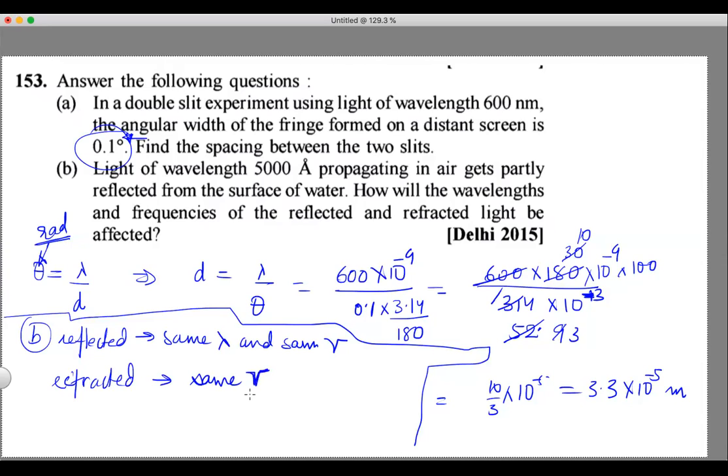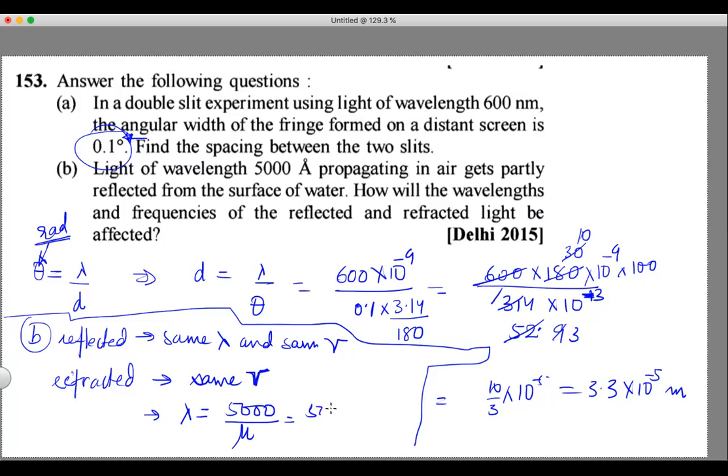Frequency does not change. What will the lambda be? Lambda will reduce by mu. The mu of water is not given, but let's take it as 1.33.